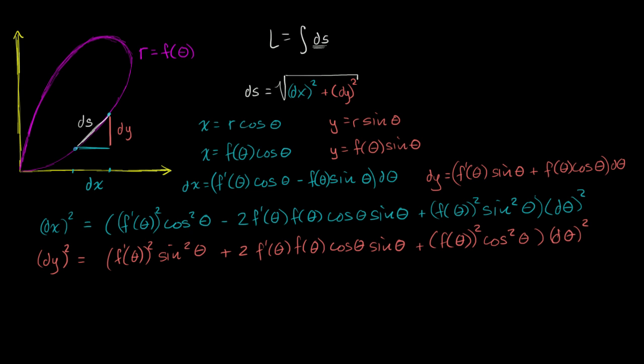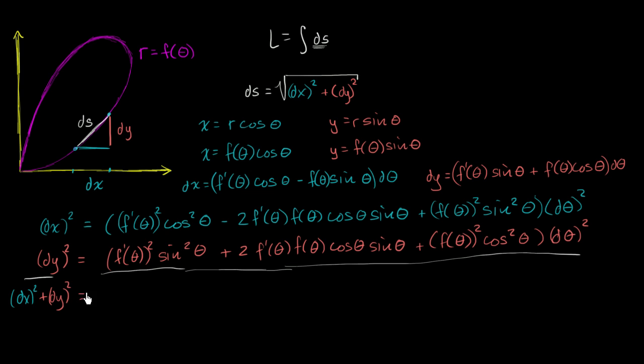Now let's add these two together. And what are we going to get? So if we add dx squared and dy squared, we're going to get, over here we have cosine squared theta times f prime of theta squared, and then sine squared theta times f prime of theta squared. So we can factor out an f prime of theta squared.